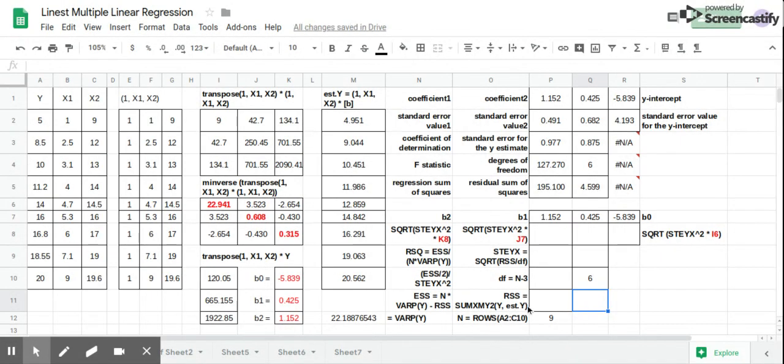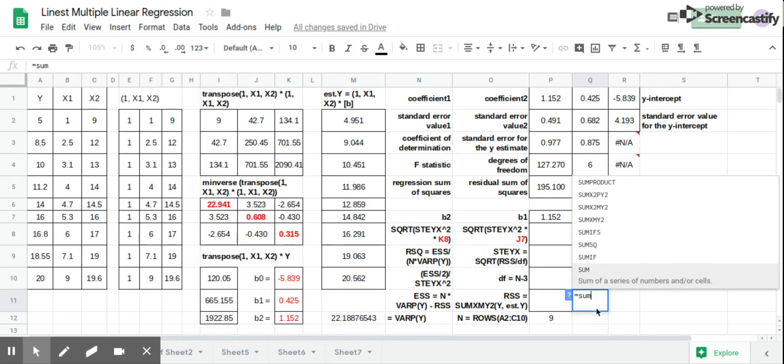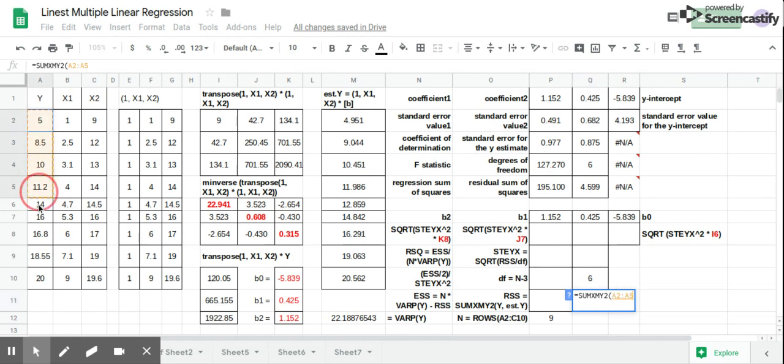Now we also calculate the residual sum of squares, which is the sum of the square of the difference of y and y hat, or the error. So we have 4.599, the residual sum of squares.